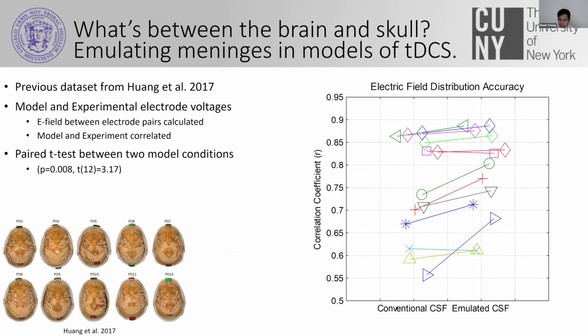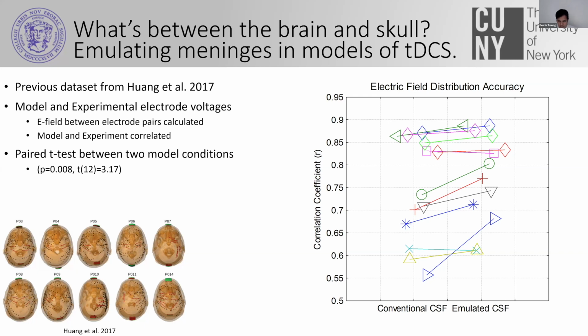For those of you that are not familiar with the paper, essentially there were many subjects that were undergoing ECOG recordings awaiting surgery. These subjects had stimulation at both the frontal area and the occipital area, and these subjects had embedded electrodes that recorded their cortical electric fields.